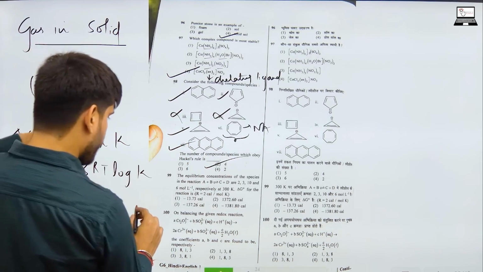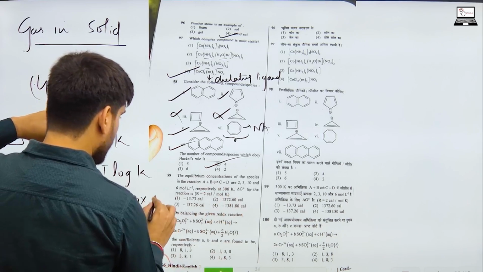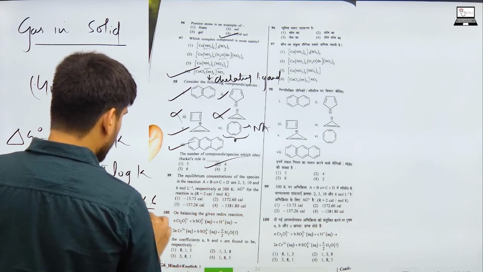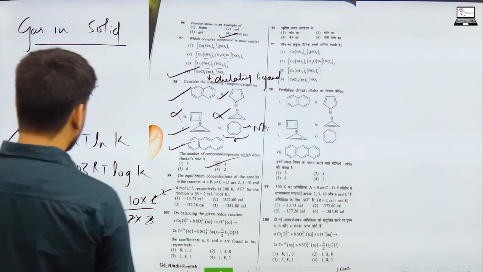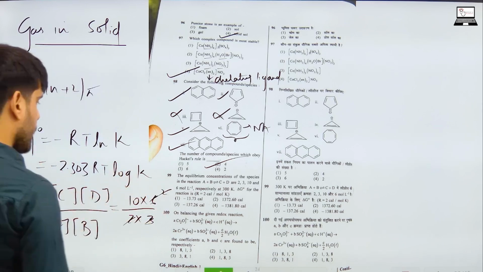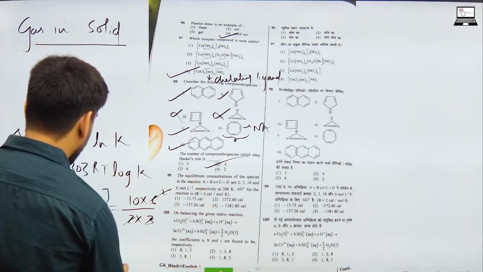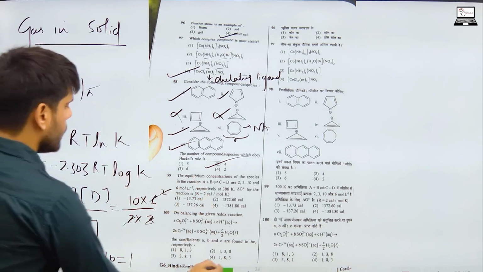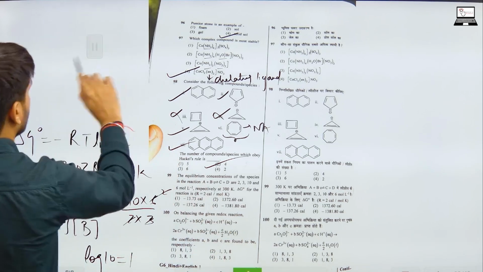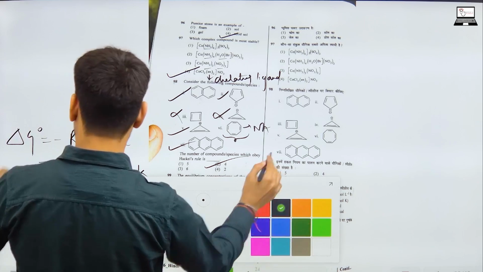So this is 10 into 6 upon 2 into 3. So this is 10. And we know that log of 10 is 1.